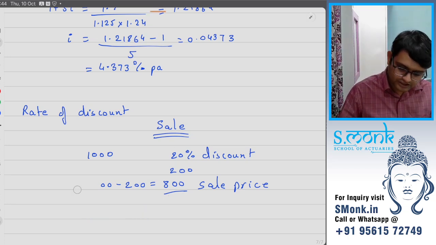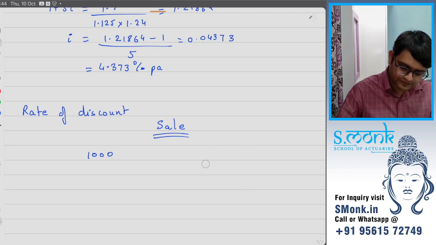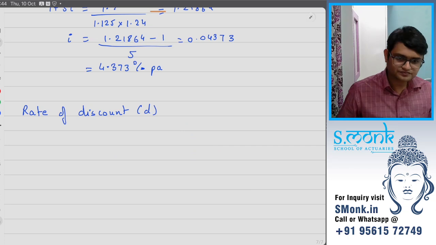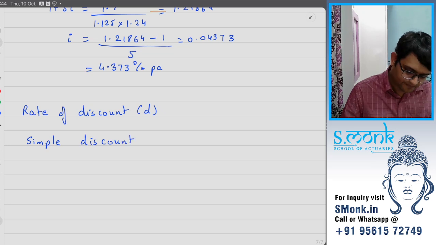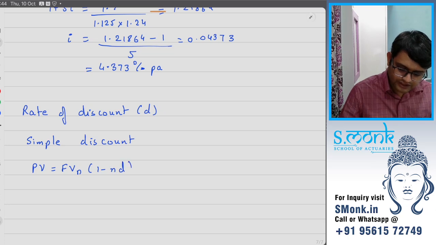So that is the concept of rate of discount. We will write it in terms of d. Okay. And if I have simple discount, I'll say my present value at time 0 will be equal to, let's say, the future value at time n times 1 minus n times d.